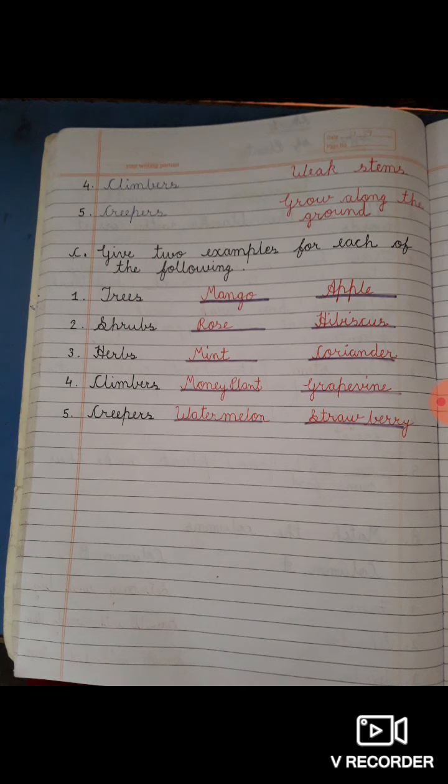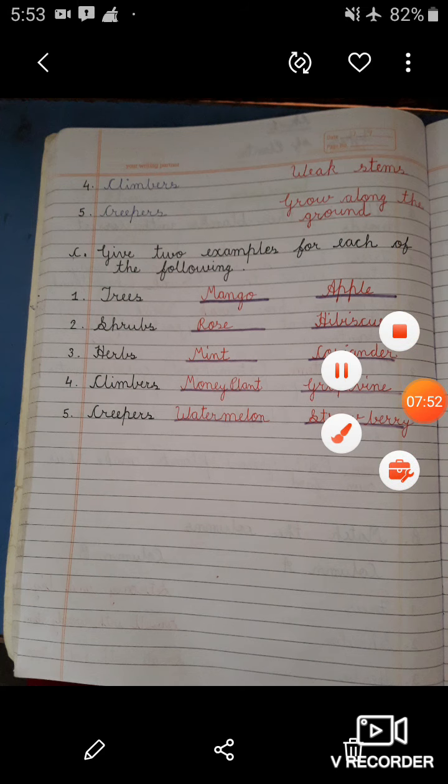Now let's come to question C from this chapter, that is, give two examples for each of the following. First of all you have to mention question C, give two examples for each of the following.